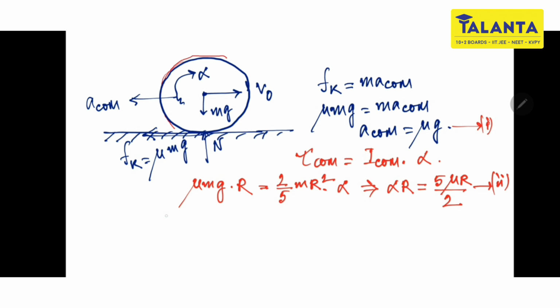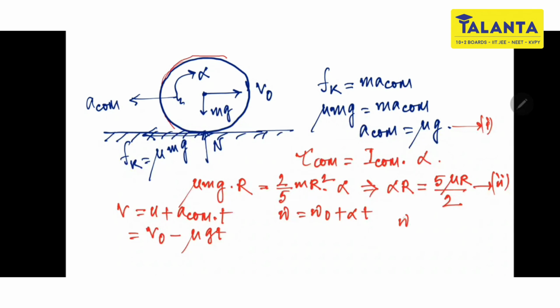The linear velocity and angular velocity t seconds later are v equals u plus a of com into t, that is v0 minus mu gt, and omega equals omega 0 plus alpha t.